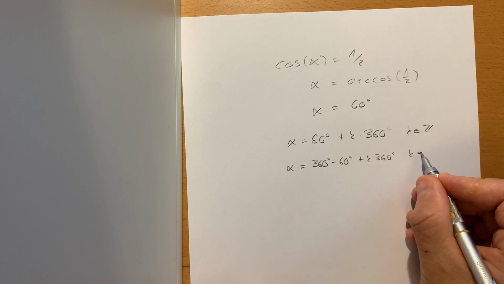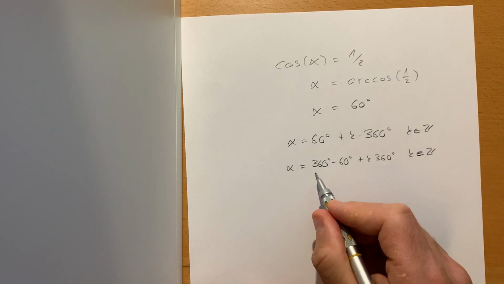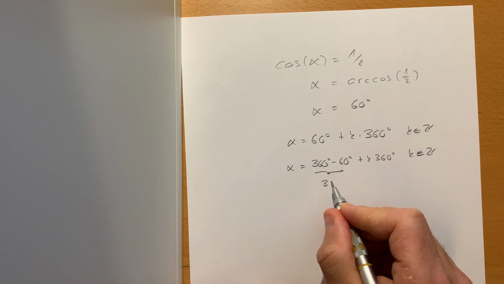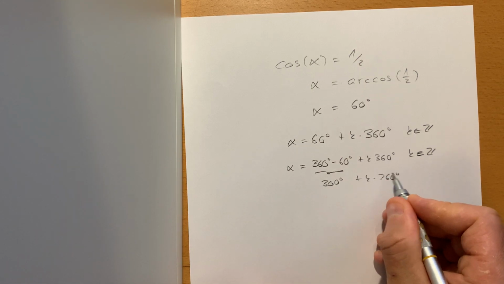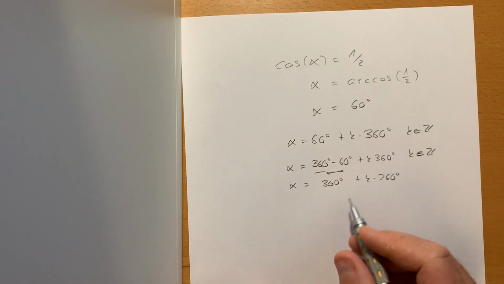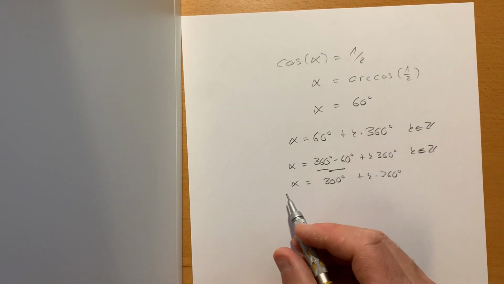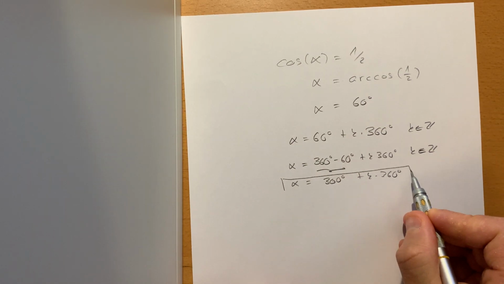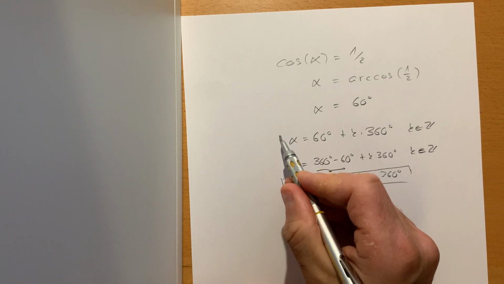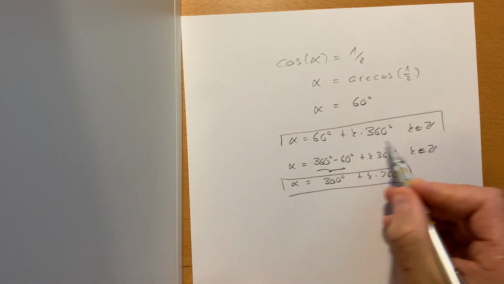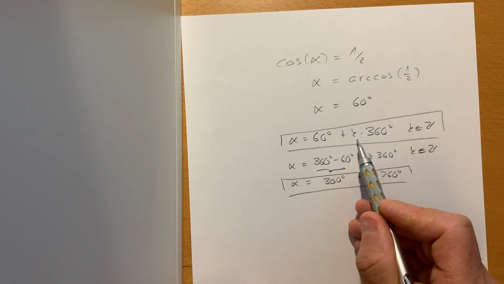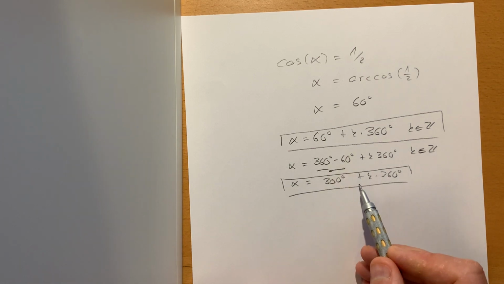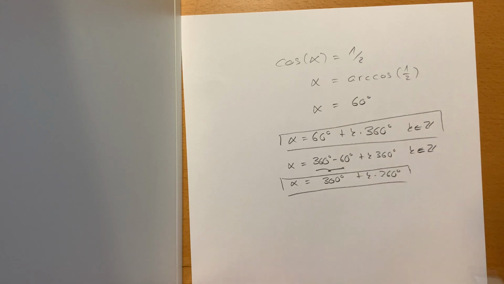K is an element of Z. So that would mean 300 degrees plus k times 360 degrees. Here we go. So these are the two solutions that give you in total infinitely many solutions. You have infinitely many solutions here and you have infinitely many solutions here.